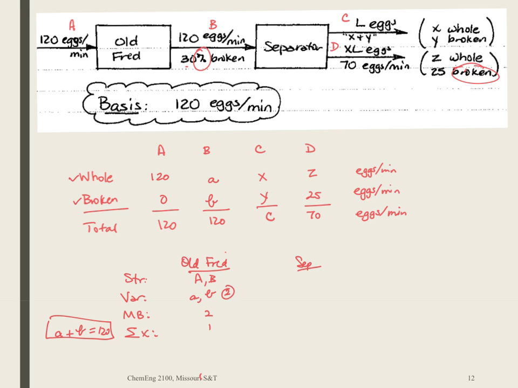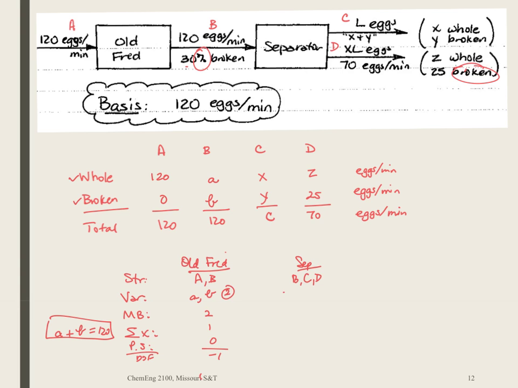So I have 1 here. Process specs, I have 0. Degrees of freedom, I have -1. So in fact, this problem here is overspecified. If I look at just the separator, I have stream B coming in, C and D coming out.